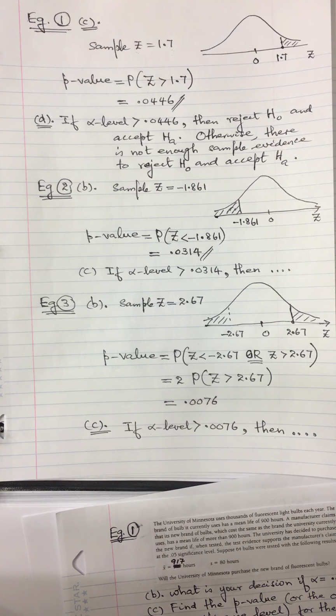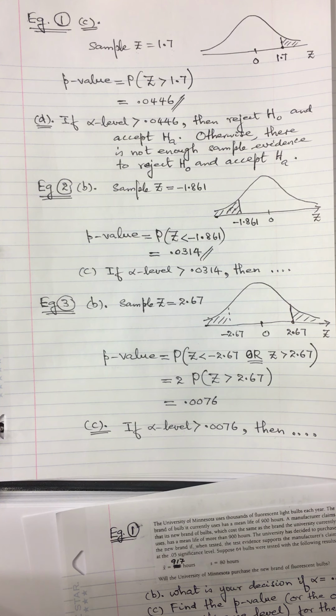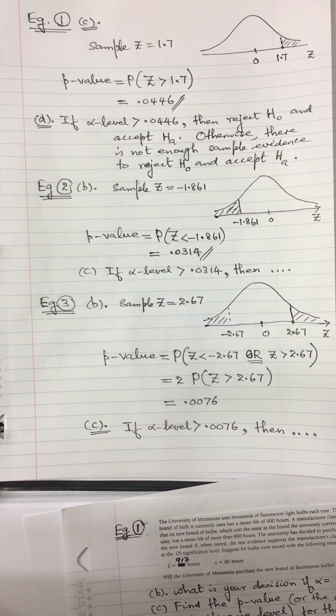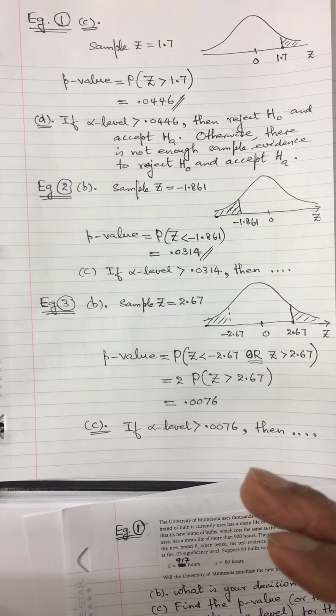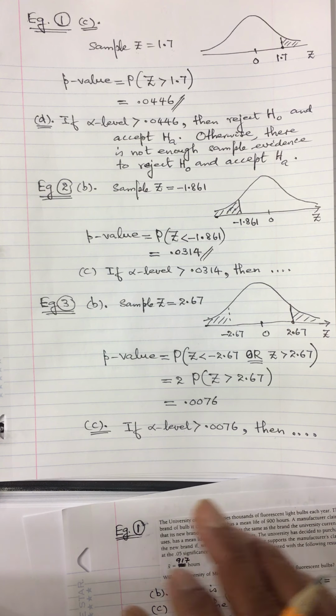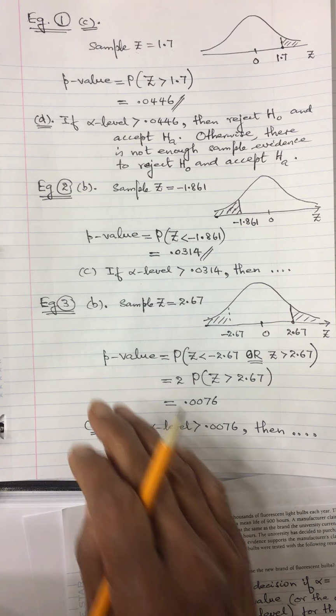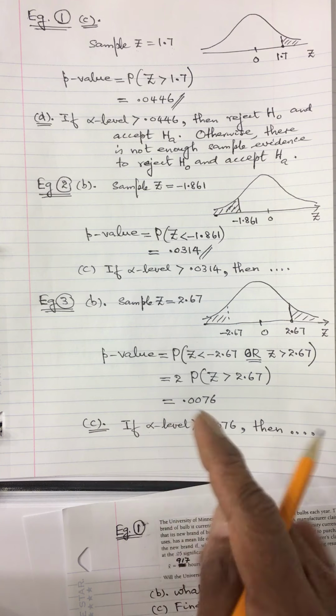Again, in the question, you don't need to have the alpha level. You can always make your conclusion this way. If you are using statistical software, either R or S or SAS or whatever, those in general give you the p-value once you put the data in and run the program.